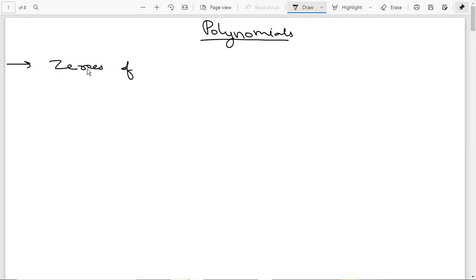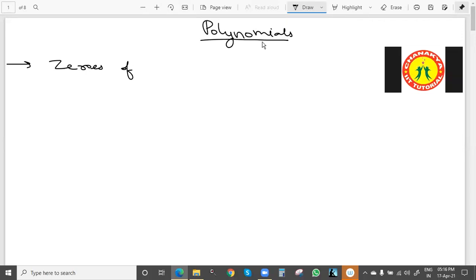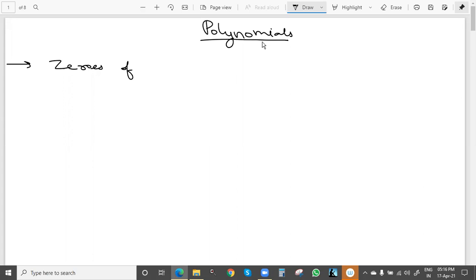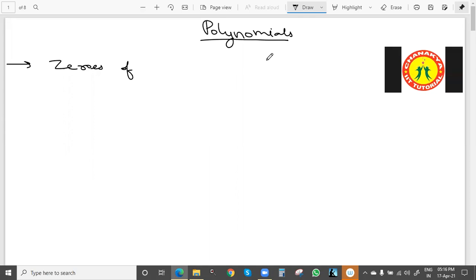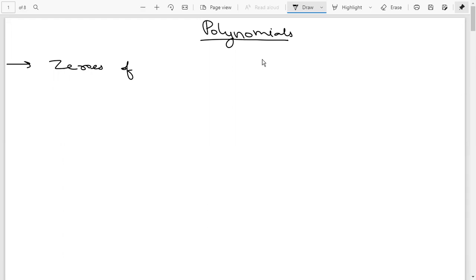In our first session, we saw the types of polynomials based on number of terms: monomial, one term; binomial, two terms; trinomial, three terms; and more than three terms you can simply call a polynomial. Anyone who missed the first session can go through the recordings and the PDF of classwork. In yesterday's session, we saw types of polynomial based on degree: 1, 2, 3, 4, linear, quadratic, cubic, and then biquadratic. Today we'll see zeros of a polynomial.